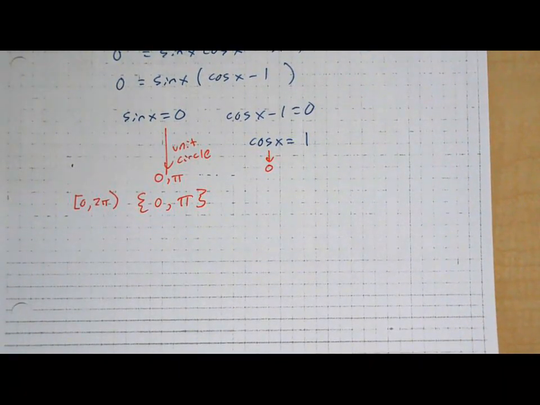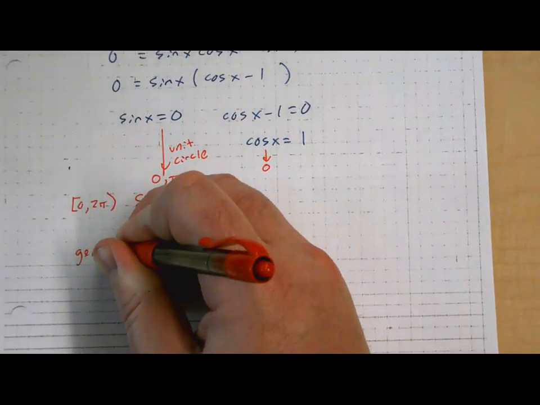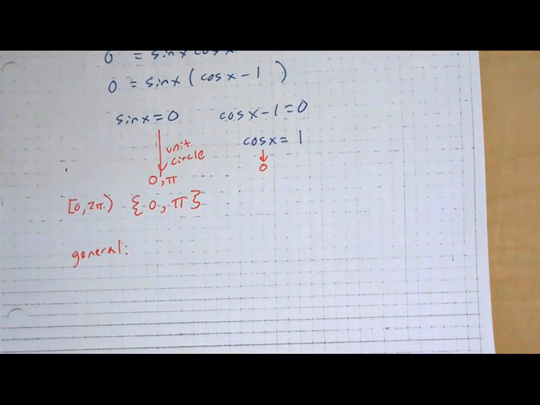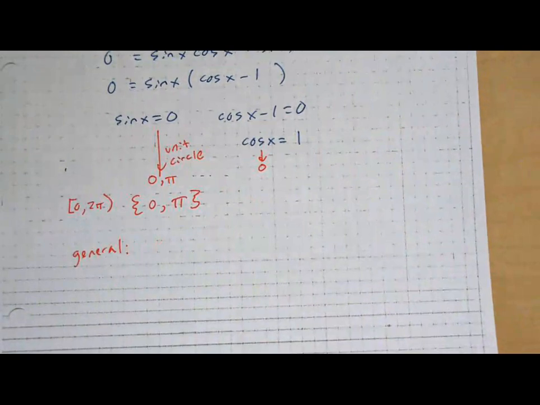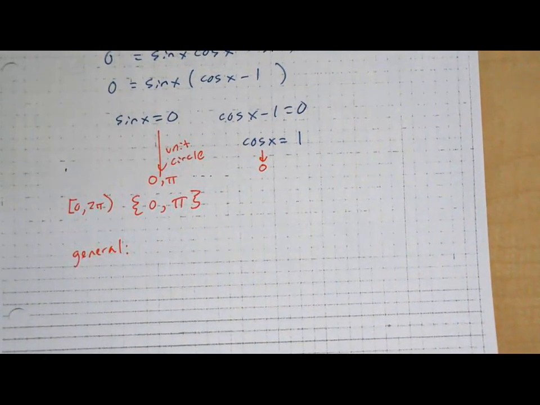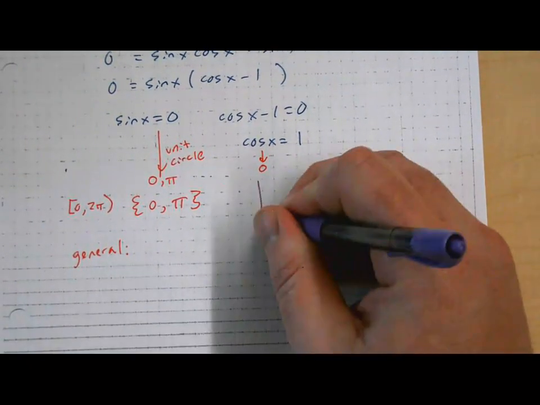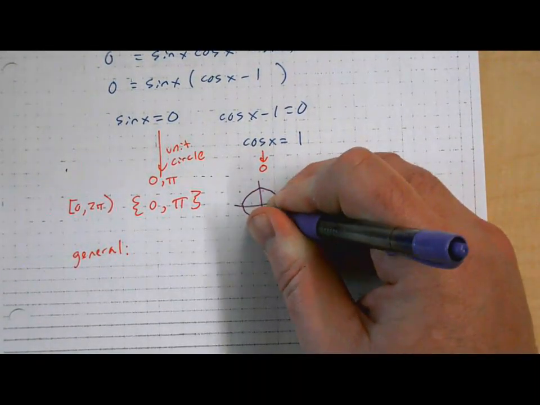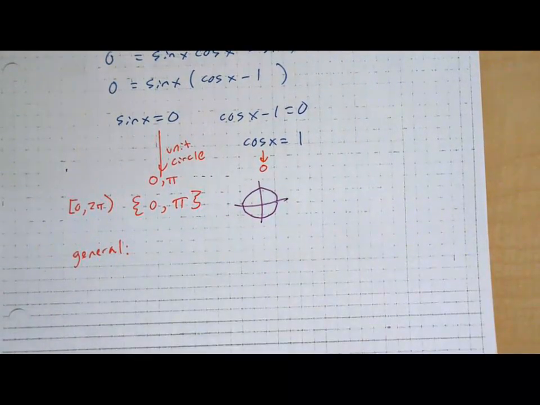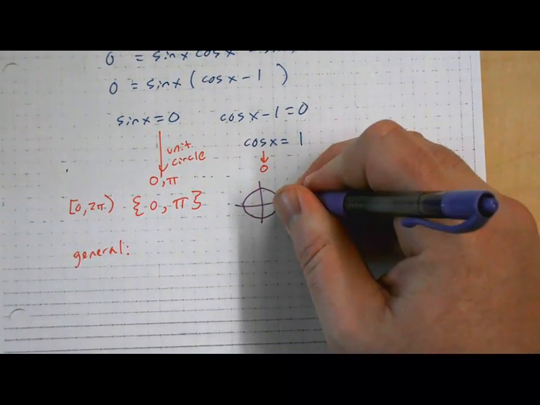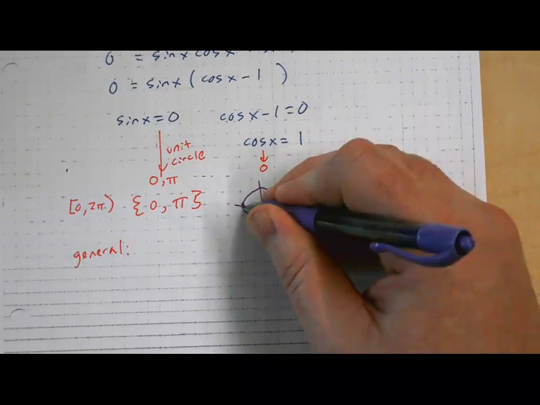See if you can give me a general solution to that. And I challenge you, if you are interested, to try and go straight to a simplified general solution. For me, it really helps me to visualize the unit circle and to draw all of my solutions from here. 0 is a solution, pi is a solution.